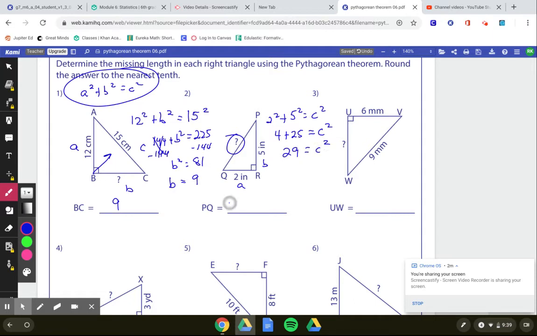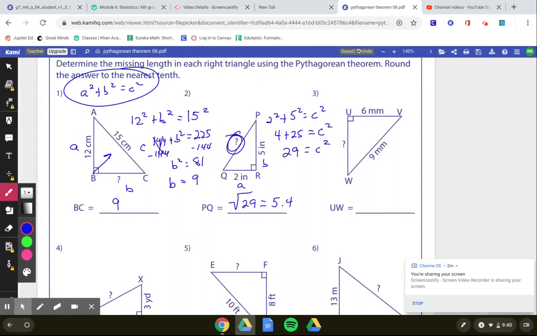Our answer could be the square root of 29, but for the work that you're going to do on your own, I want you to expand those out. Using a calculator, the square root of 29, rounded to the nearest tenth, is 5.4. That is our length here.